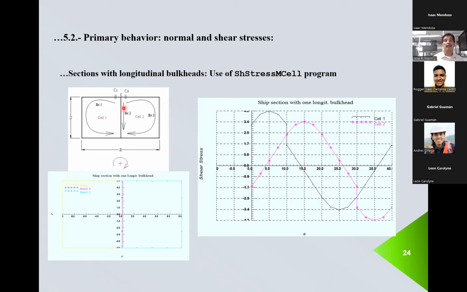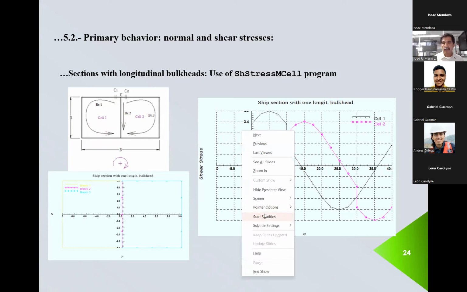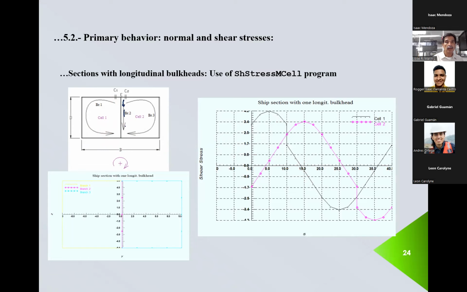We have different signs. So if we go like this, this is the direction. Here we increase this distribution. So this is the larger value about here, the neutral axis.